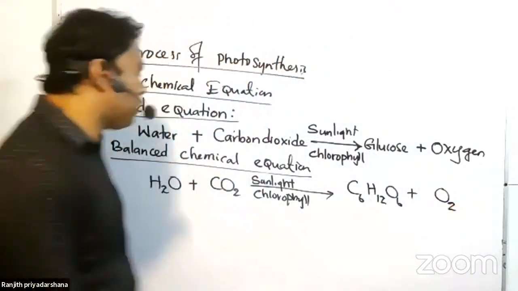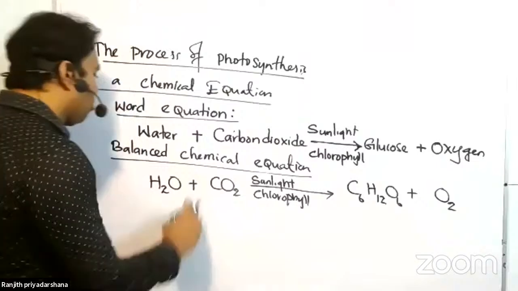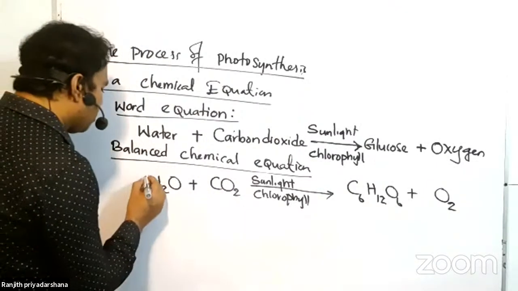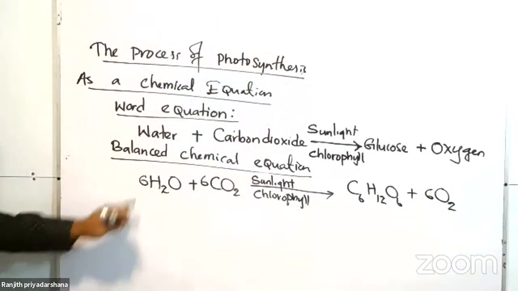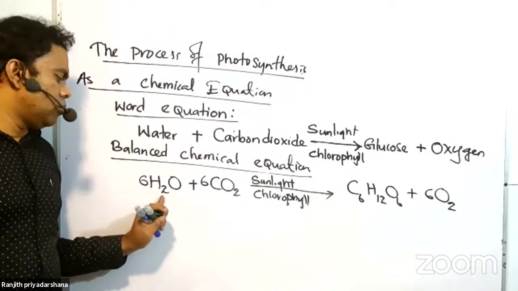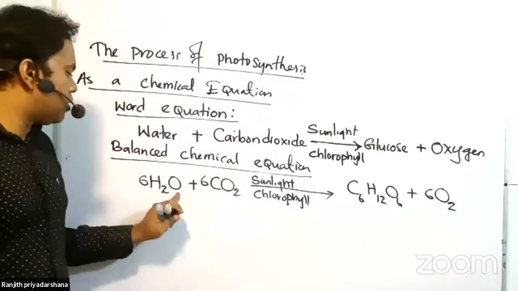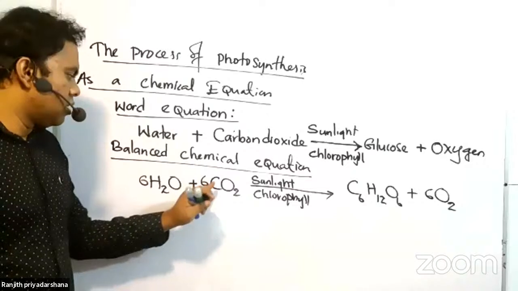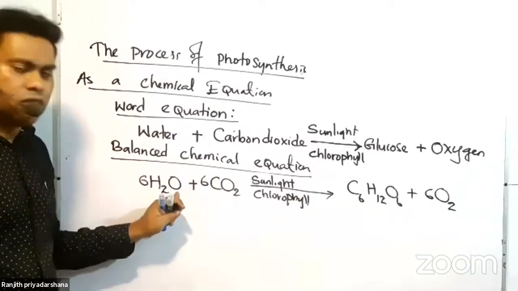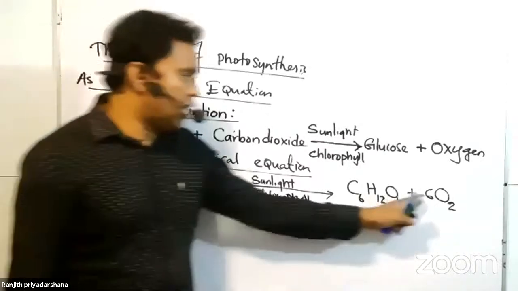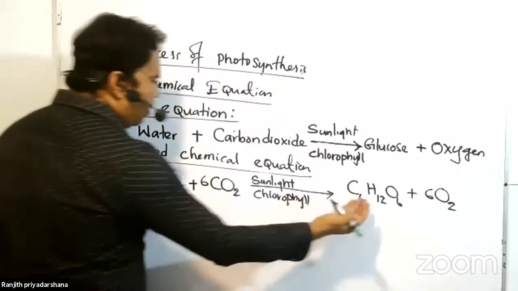Yes, next we have to balance this. That's very easy. Except for the glucose molecule, for all the other instances we put the coefficient of 6, then it is balanced. 6 times H2, 12 hydrogen. 6 times O, 6 O, and here 6 times 2 oxygen, that's 12, with the 6 altogether 18. The same thing happens, 12 plus 6, 18. Carbon, that's 6, already balanced.